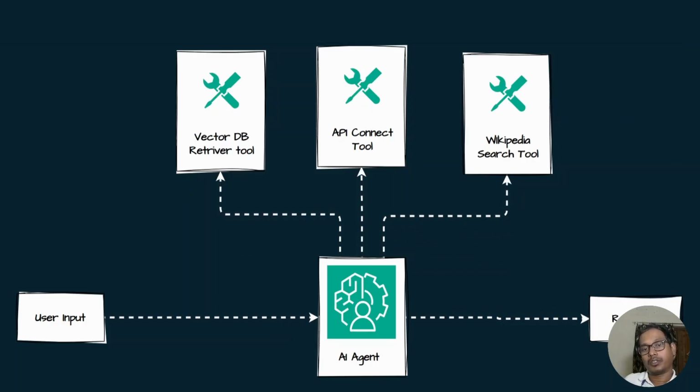Then they can evaluate, and create a response wherever the tool needs one. In this architecture, the AI agents are connected to vector databases to retrieve the similar or matched context based on the user input. Then they can connect to APIs to submit certain data or to perform some actions. They can connect to a Wikipedia tool to get an answer from Wikipedia. Likewise, they can be connected with more than 100 tools.